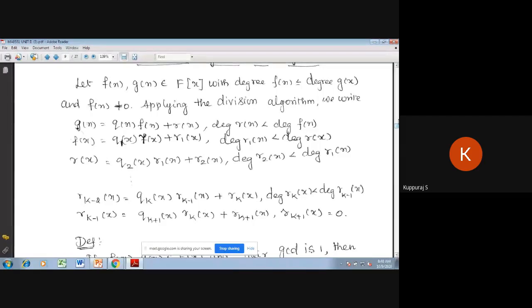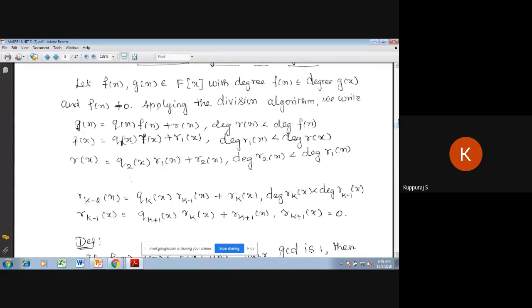So when g of x is divided by f of x, you can get the quotient as q of x and remainder as r of x. Here the degree of the remainder polynomial is less than the degree of the divisor polynomial. So degree of r of x is less than degree of f of x.